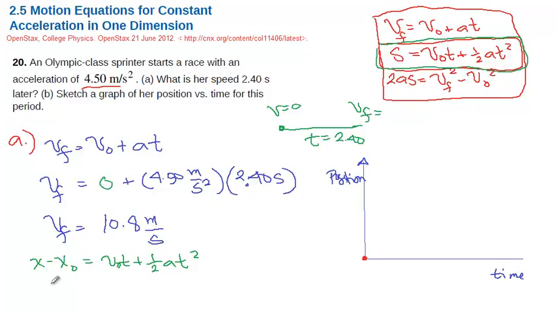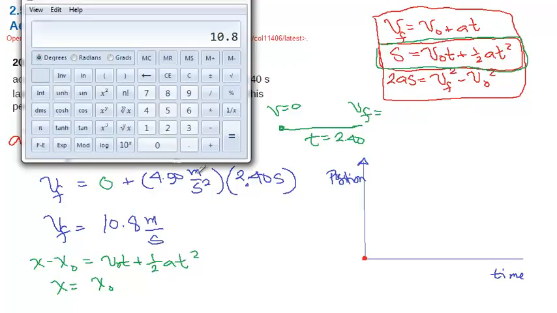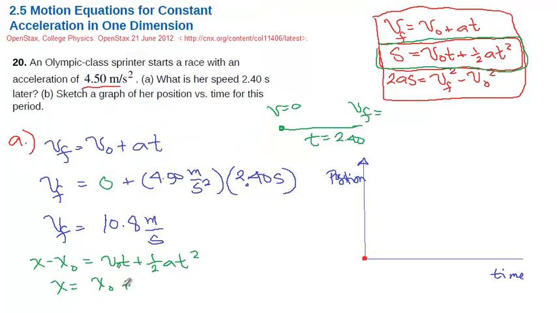So I can use this equation to solve for the position with respect to time. I can have x is equal to xo, and VOT is 0 since VO is 0, so I'll have 1 half of A. A is 4.50, so 0.5 times 4.50 is 2.25, so I have plus 2.25 t squared.